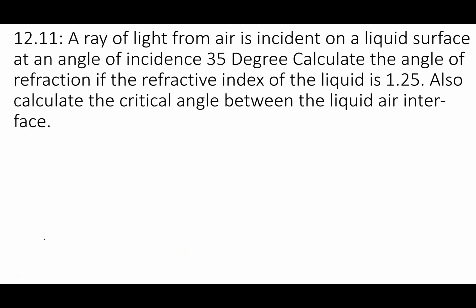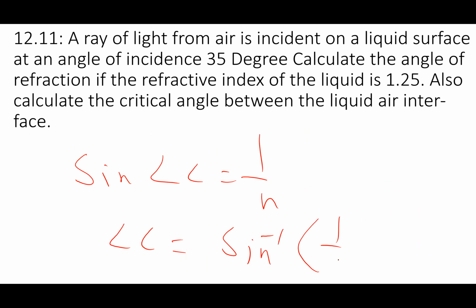Now, sine critical angle is equal to 1 by refractive index. So, critical angle is equal to sine inverse 1 divided by n. You will get that critical angle will be equal to 53.13 degree.